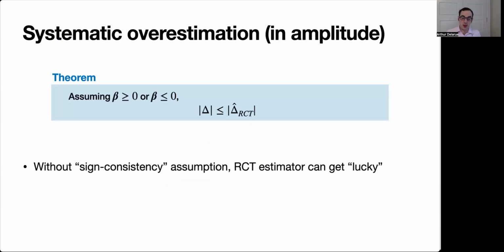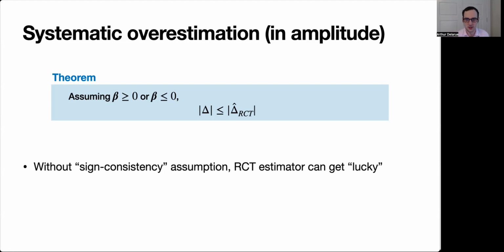And what we can actually show is that because this is what the RCT estimator is doing implicitly under the hood, it's doing this weird interpolation approximation technique. As a result, this standard estimator is going to be biased. It's always going to overestimate the treatment effect in amplitude. And you notice here I have to add an assumption which says that the treatment effect across all types is, I either increase the arrival rates across all types or I decrease the arrival rates across all types.